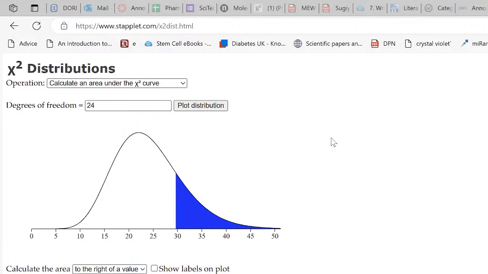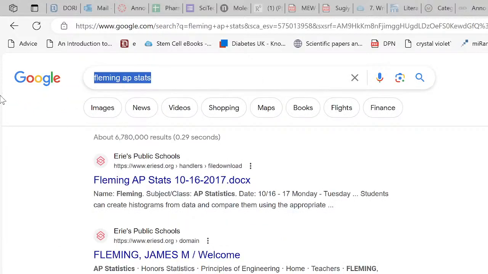This one carries a certain degree of freedom, n minus 1. This one carries a degree of freedom, n minus 2. And the theory is that the ratio of two independent chi-squares is an F distribution. An F distribution carries a pair of degrees of freedom that are called numerator and denominator degrees of freedom.